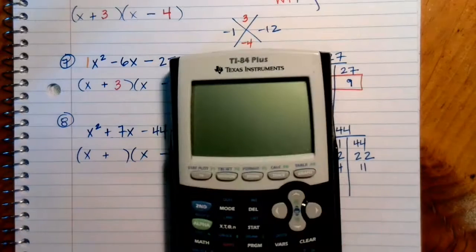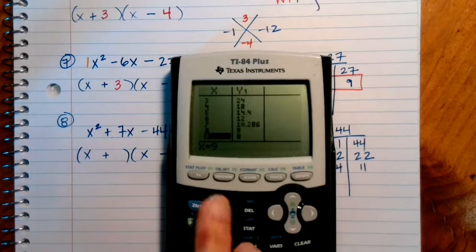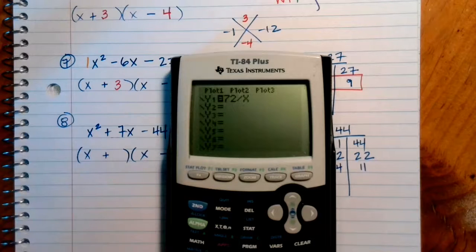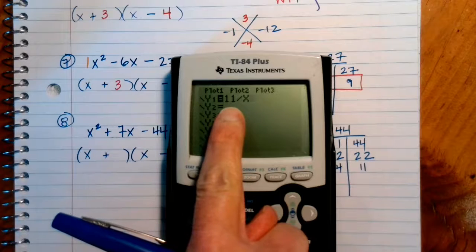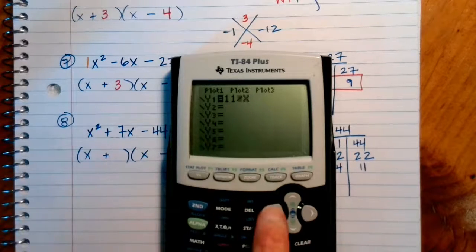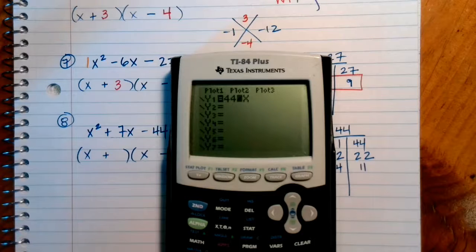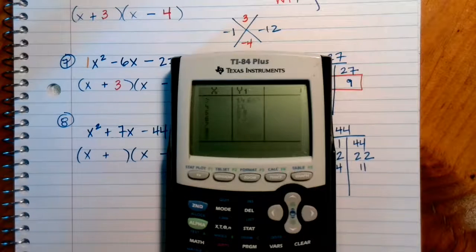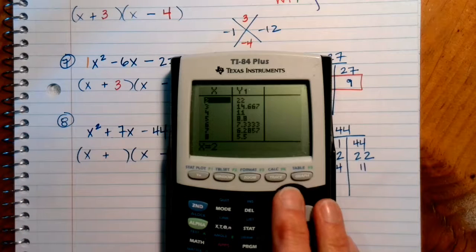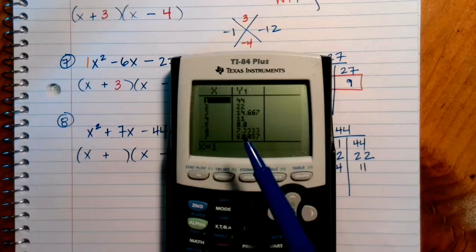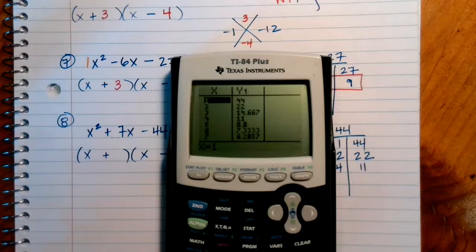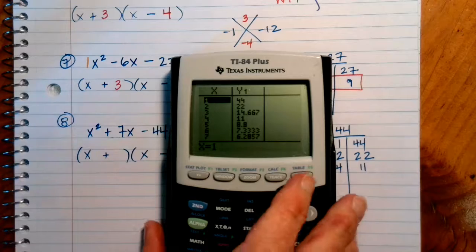So guess what? I reached my wraparound. Again, don't forget, you can always go to your calculator and ask it 44 divided by all the numbers in the whole wide world. You can go to your table of values, and there you can see 1 and 2 and 4, and the rest are all decimals. The same job can be done on Desmos too, don't forget.